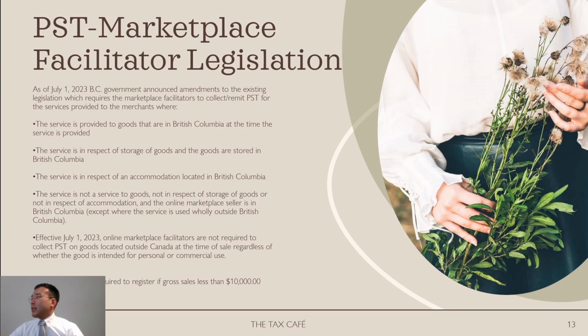So basically, this applies if the service is provided for goods that are in BC at the time the service is provided, services in respect of storage of goods, like a fulfillment center, with goods stored in BC, services in respect of an accommodation located in BC, or it could be none of these, but the online marketplace seller is in BC.